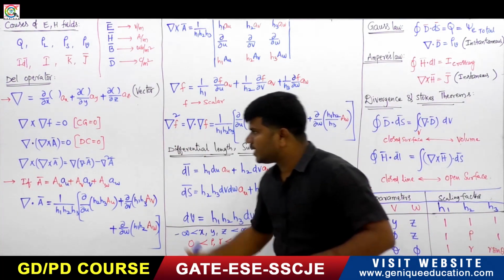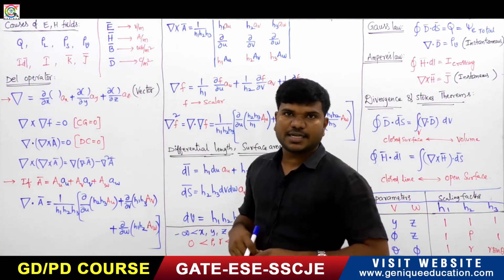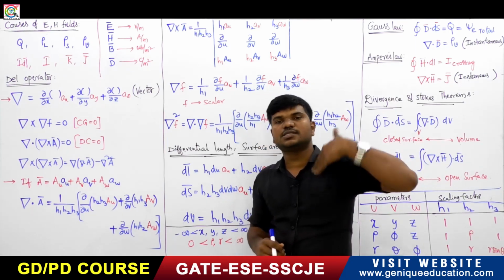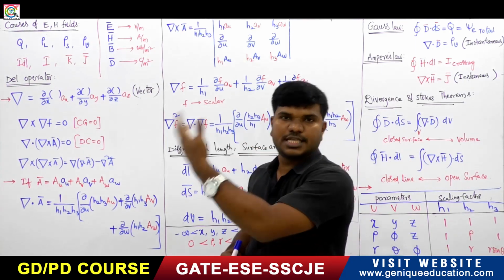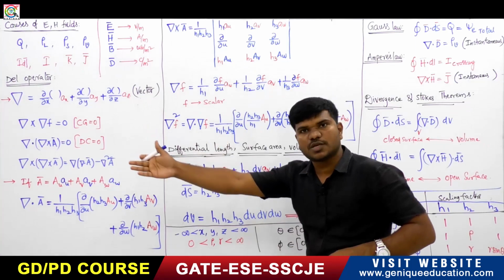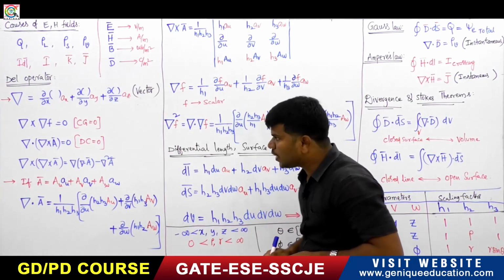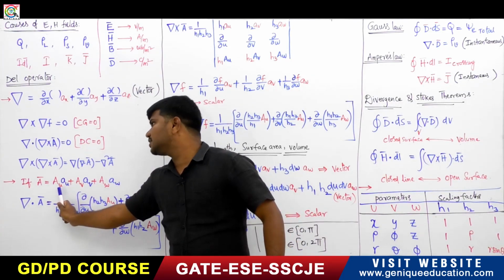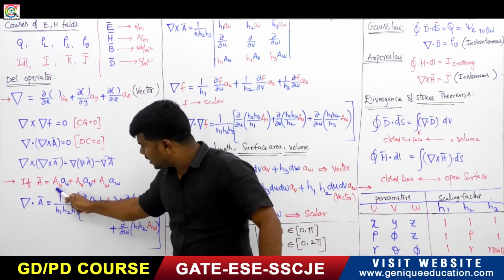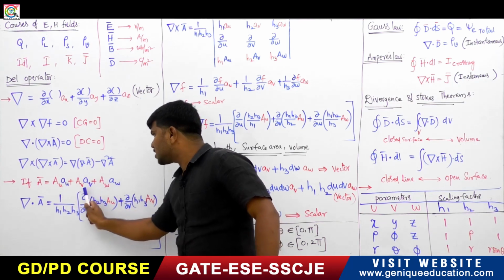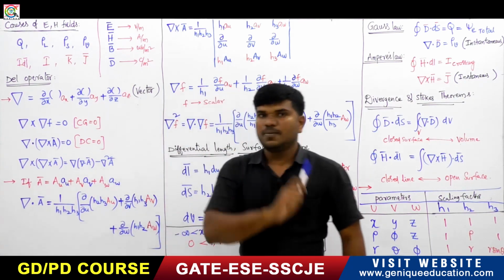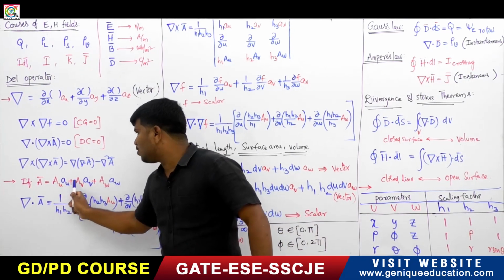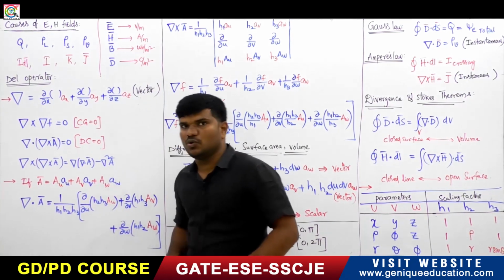Okay, and next one is, suppose you take any vector, this vector may be in terms of the Cartesian coordinates, or it may be expressed in terms of the cylindrical coordinates, or in terms of the spherical coordinates. So I am writing a generalized vector here. Let us suppose A bar may be in Cartesian coordinates, cylindrical coordinates, or the spherical coordinates. So I am naming this one as Au, Av, Aw.